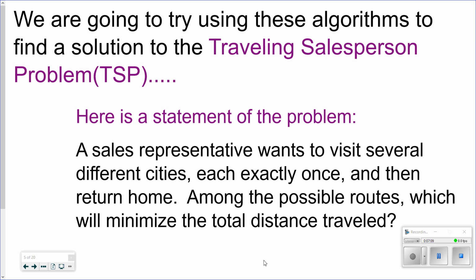So we're going to use these algorithms to find a solution to what's called the traveling salesperson problem. It's considered a famous problem in discrete math. And basically here's a statement of what the problem is. If a sales representative wanted to visit several different cities, go to each city exactly once and then return home from where he started, among the possible routes, which one would minimize the total distance the salesperson would travel?